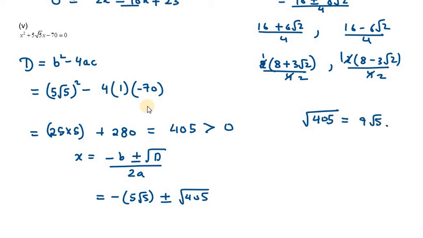You can simplify this with the help of factorization method. You need to find the factors of 405, then you will get this solution. So you can simply do this. So I will replace under root 405 with 9 under root 5.